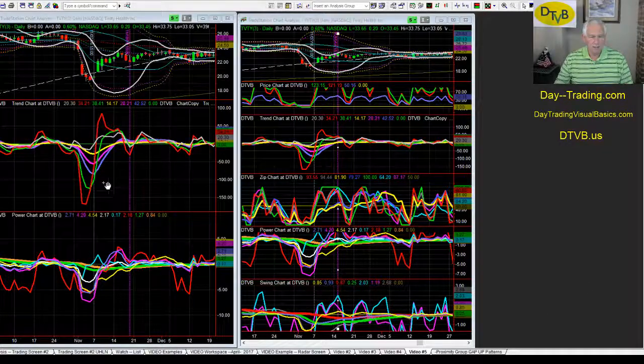But remember this area here where we have the trend red really low. Those are classic examples, especially when it's over 100. Not when it gets into that 250 or 600 down. When it's down that deep, it's going to be down there a while, so don't mess with it when trend red is way down there.